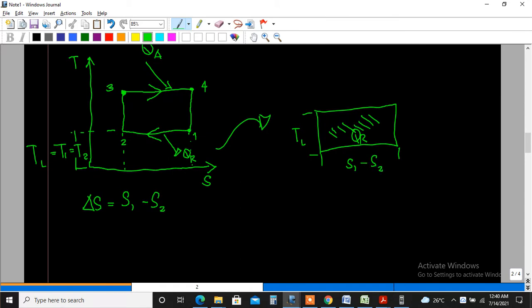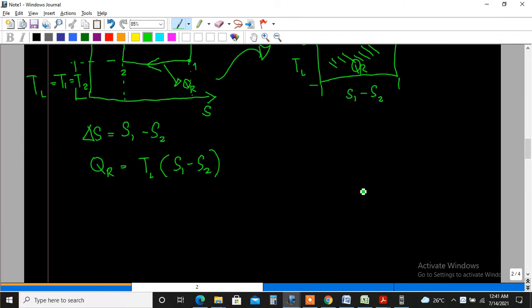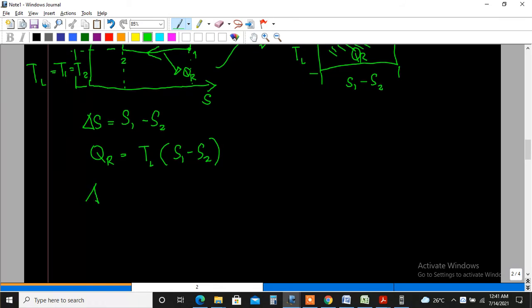Length times width, that is the QR. So QR is TL times S1 minus S2. So the change in entropy is being asked. Therefore, change in entropy is equal to QR over TL.